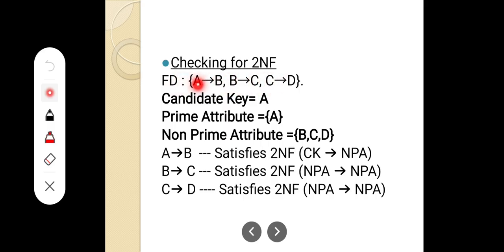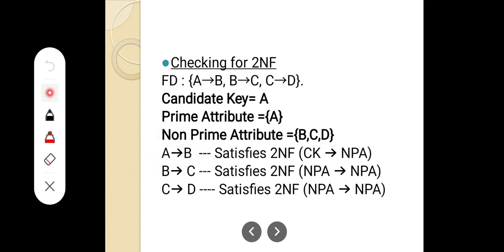So I am rewriting all the required values. These are the given functional dependencies. Candidate key is A, prime attribute is A, non-prime attributes are B, C, D. A determines B. Here the LHS is a candidate key or a super key.